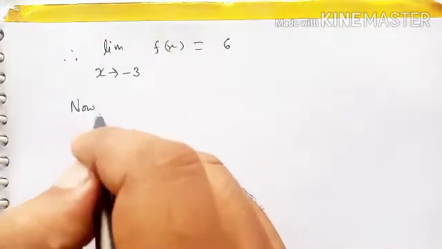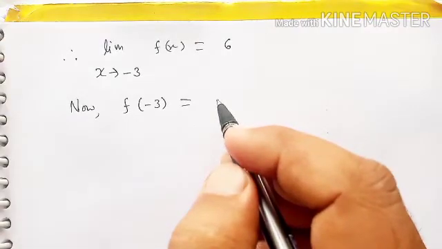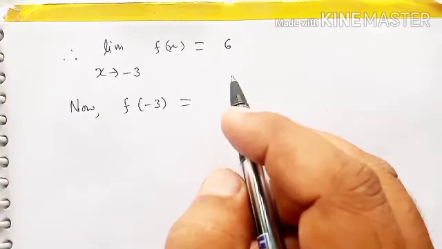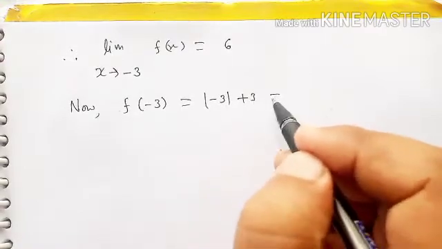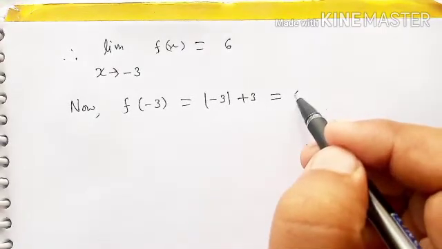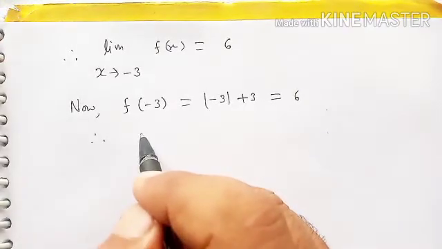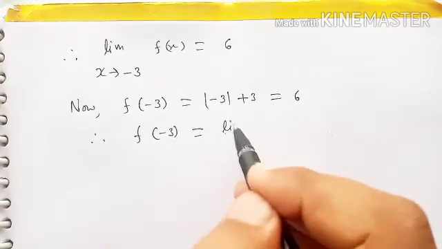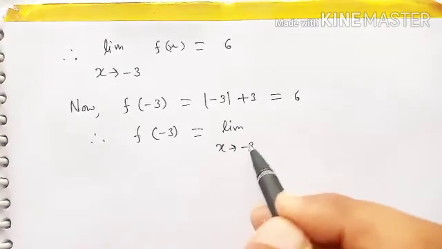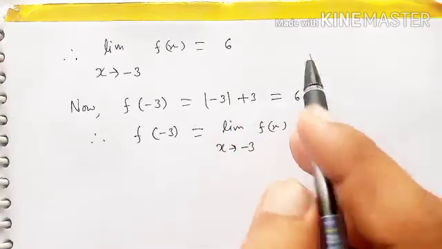Now, f(minus 3). When x is equal to minus 3, f(x) is mod x plus 3. So, mod of minus 3 plus 3, this is equal to 3 plus 3, which is 6. Therefore, f(minus 3) is equal to the limit as x tends to minus 3 of f(x), both are 6.